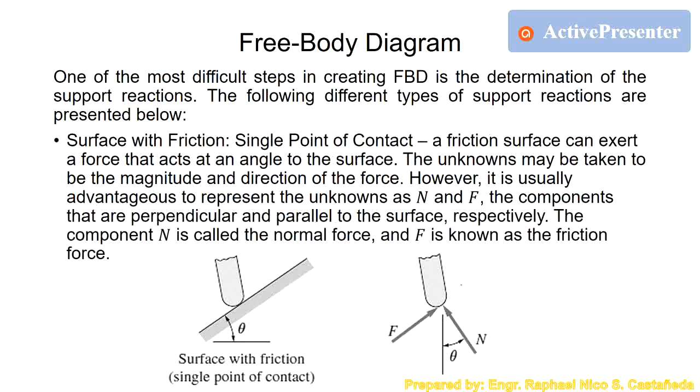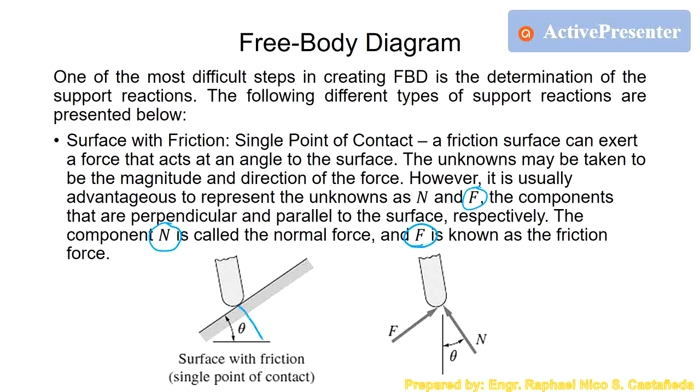Next is if there is a friction or single point of contact. So a friction surface will introduce a frictional force, which is F. So we have the normal force from the frictionless, but since this is a surface with friction, we will introduce another force, which is the friction force. The friction force, by the way, is parallel to the surface.